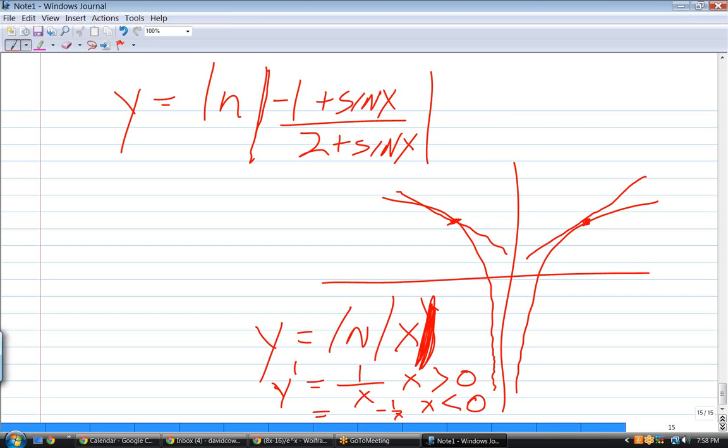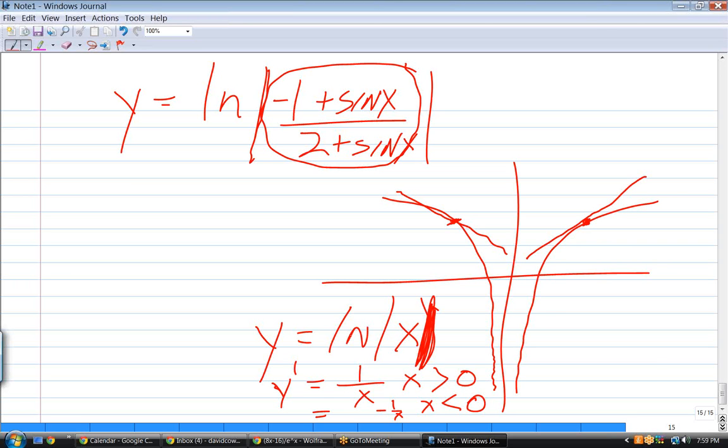You cannot take the natural log of 0, absolute value or not. In other words, x equals 0 is not in the domain here. However, that's the only thing that's not in the domain.